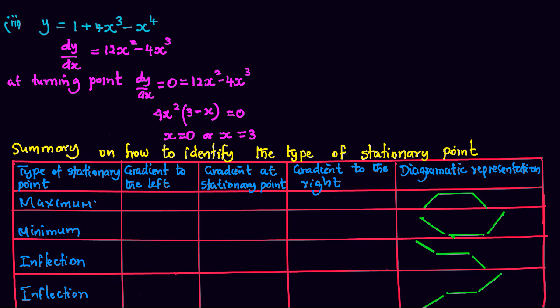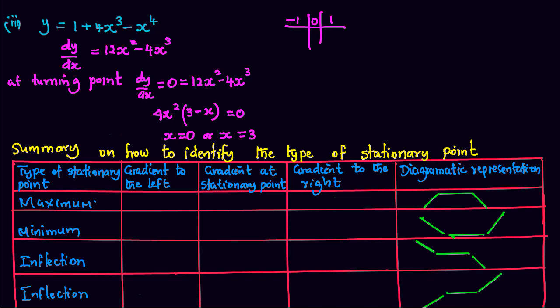We want to test the nature of this turning point. At x is equal to 0, we take a point 1 to the left, which is -1, and 1 to the right of x is equal to 0, which is +1.